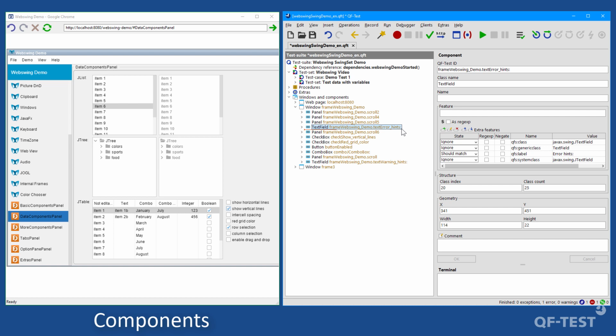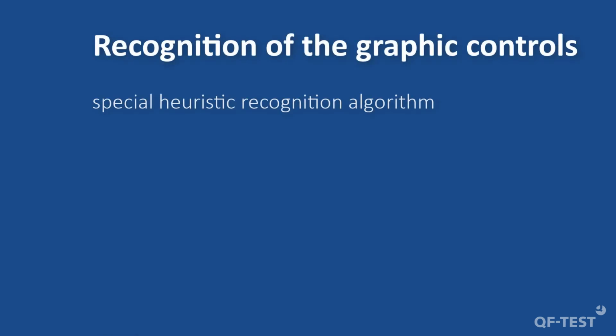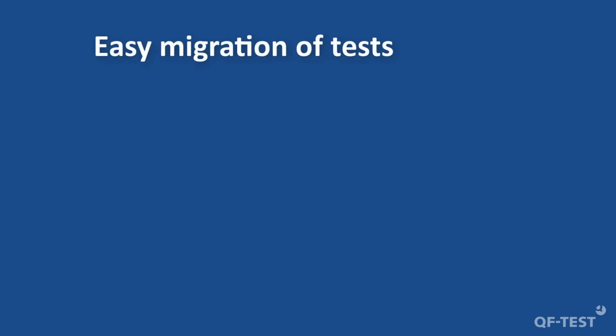For complex components such as lists, tables, trees, it is possible to address the sub-elements directly, for instance entries in a list or cells in a table. The recognition of graphical components is done by a special heuristic recognition algorithm which abstracts the specific classes of them, so that it is even possible to migrate tests with little effort to a pure web application testing.